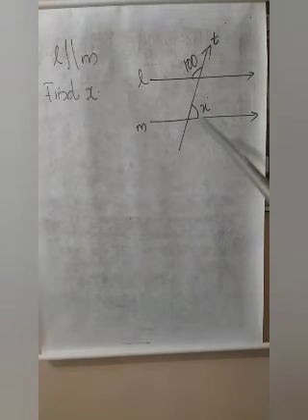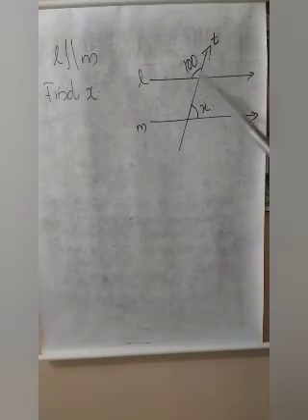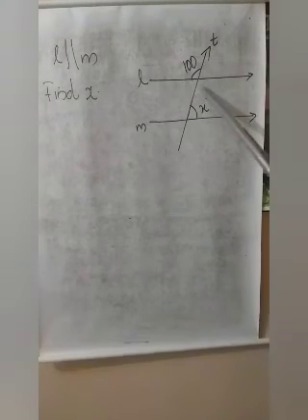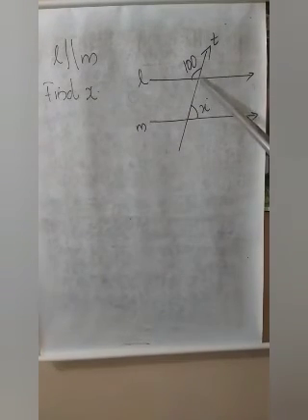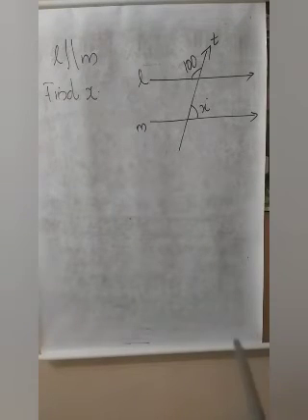In order to find the value of X, if you know the angle here, then we can say these two angles are equal. What is the reason? Alternate interior angles. Or if you know the angle here, then the sum of these two angles should be 180. What is the reason? A pair of interior angles on the same side of the transversal are supplementary.